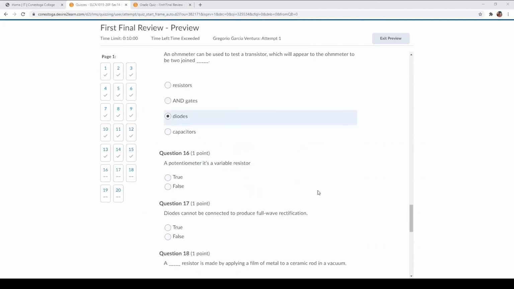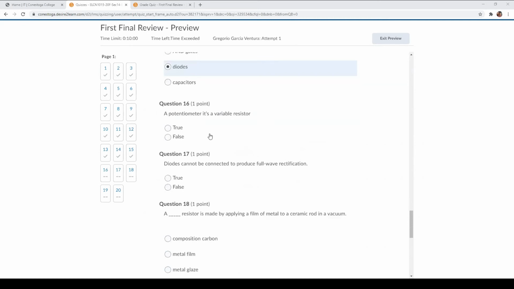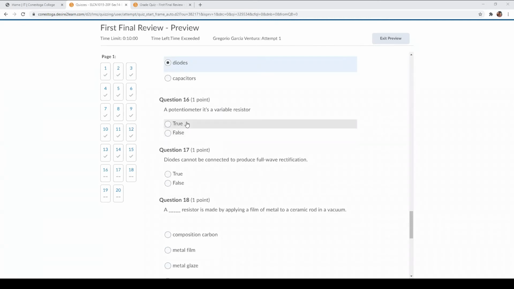So as we continue here, a potentiometer is a variable resistor. That is absolutely true. Everybody knows, I guess, what a pot is, right? A potentiometer. And I could ask you, what's the difference between a potentiometer and a rheostat? Any comments?